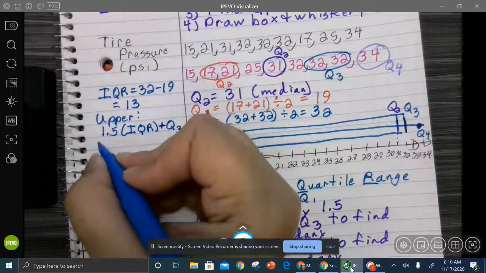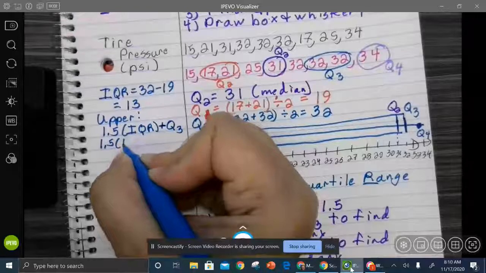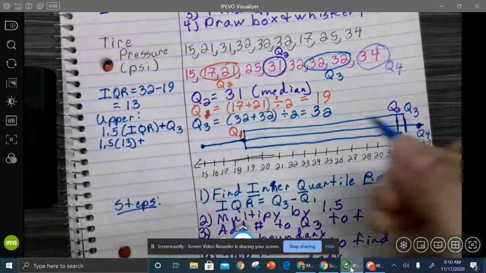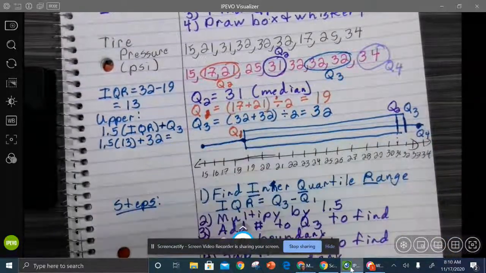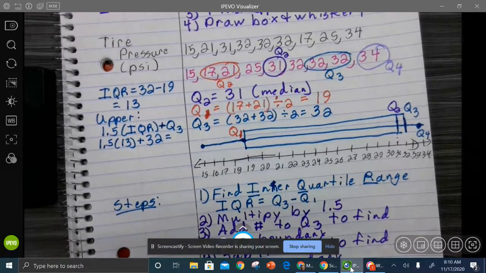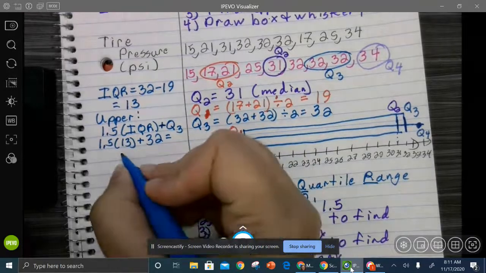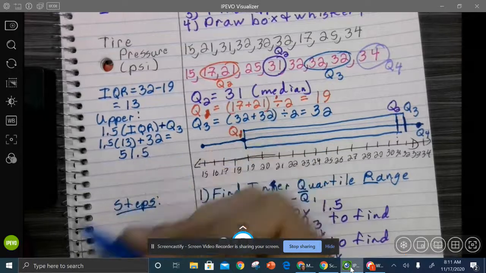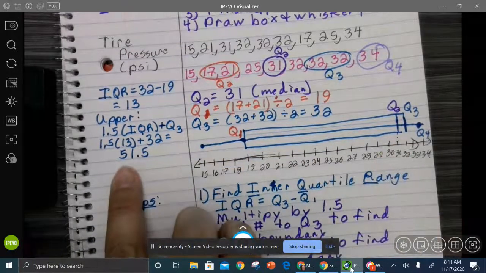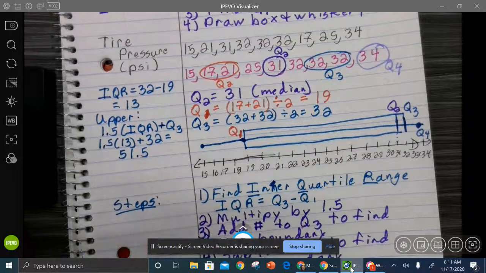So it's 1.5 times 13 plus 32. This gives us the upper boundary, and I got 51.5. If we had any numbers more than 51.5, they would be considered outliers.